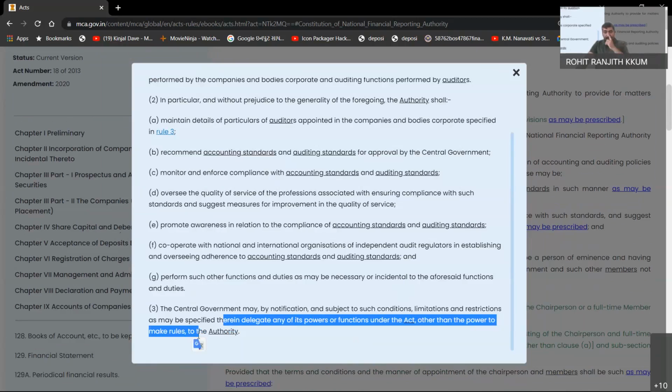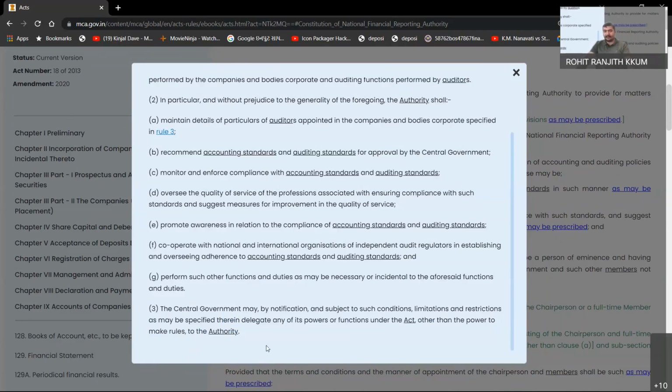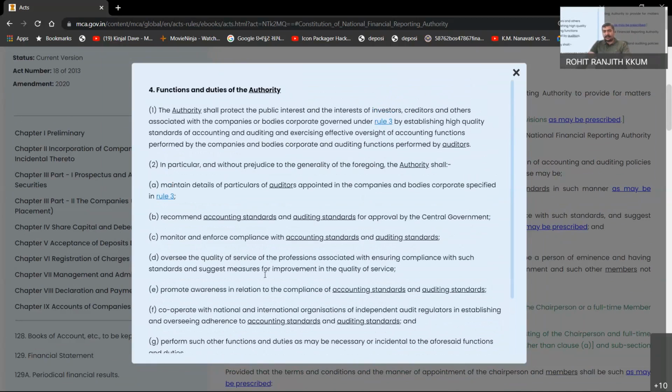So the central government can delegate certain powers to NFRA: you can create whatever rules you want for the betterment of accounting standard compliances, auditing standard compliances, and control over the professionals so that they can perform their duty diligently. If the central government wants, it may give it. So guys, these are all the functions of it.